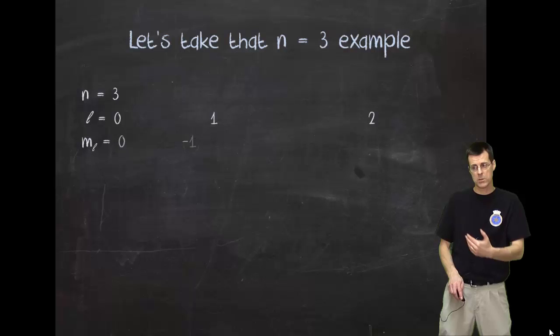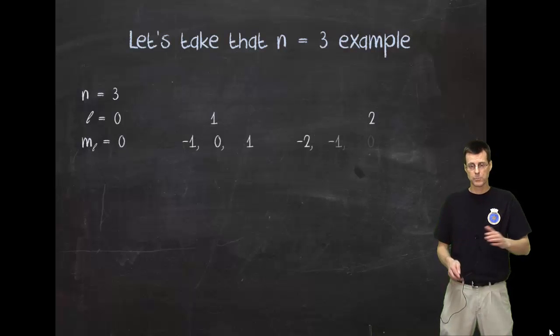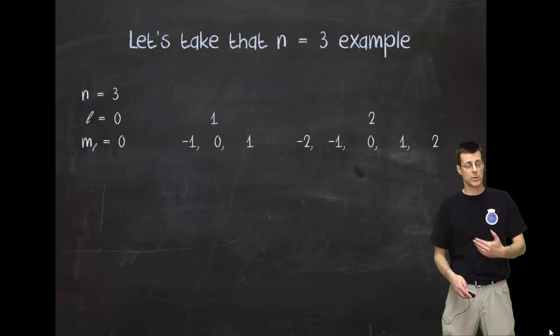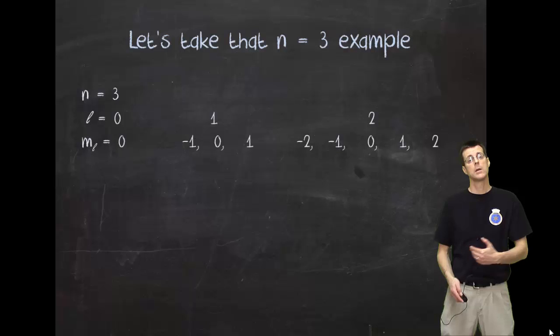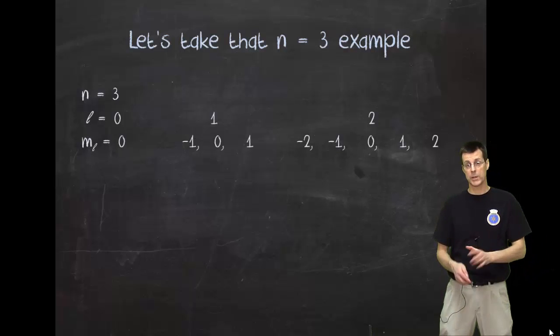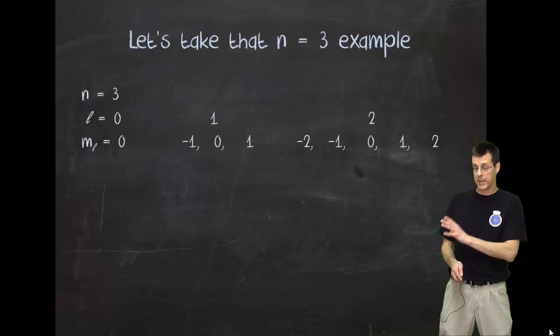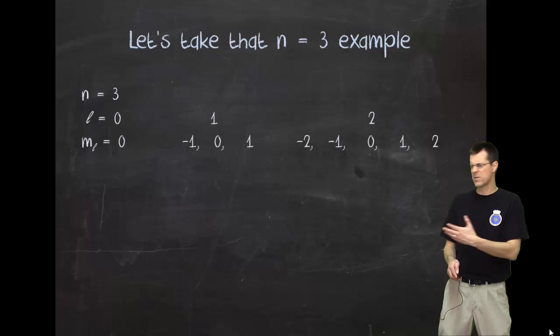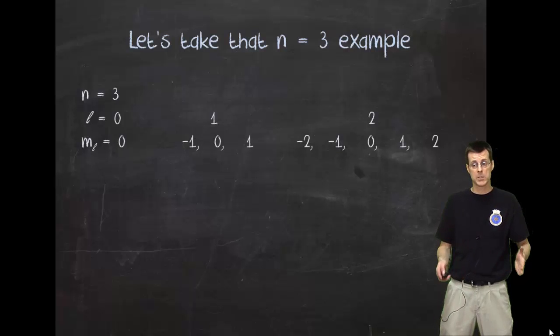What about when L equals 2? In other words, if L is equal to 2, the m sub L values are -2, -1, 0, 1, 2. And if L is equal to 1, then it's -1, 0, 1. In other words, now I have a list of more of the possibilities. You'll notice that some of my numbers get used multiple times.